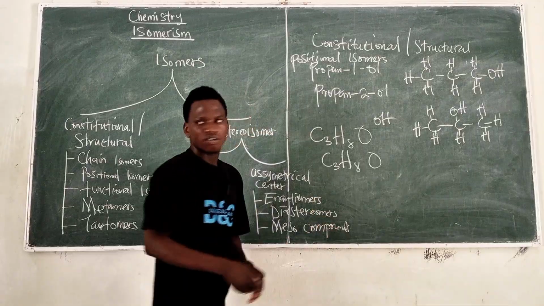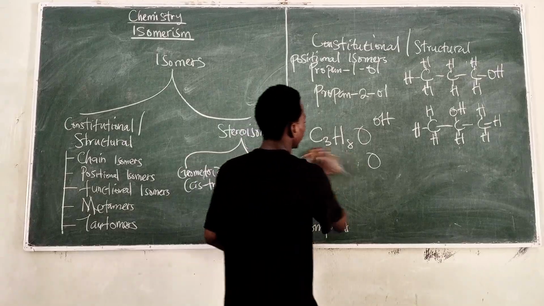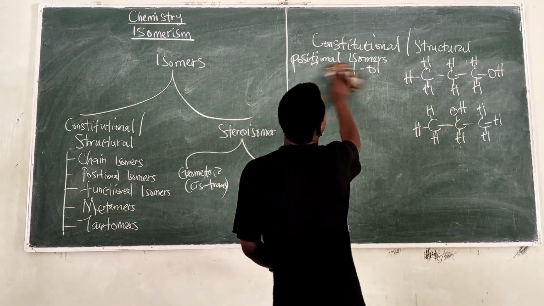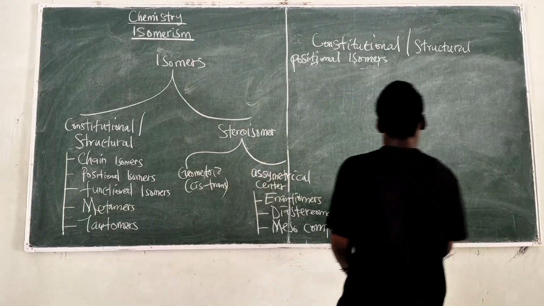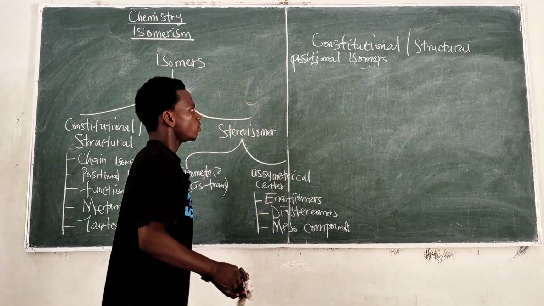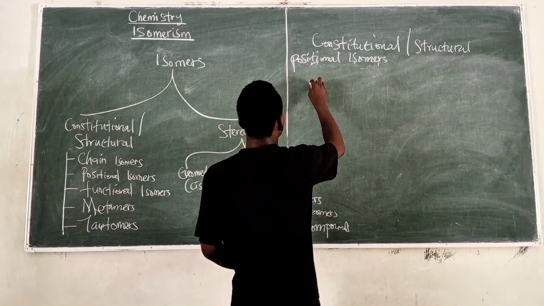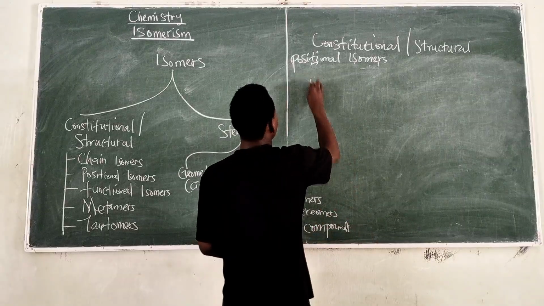Another example of positional isomers. Another example of positional isomer can be, let's use the alcohol group again as another example.